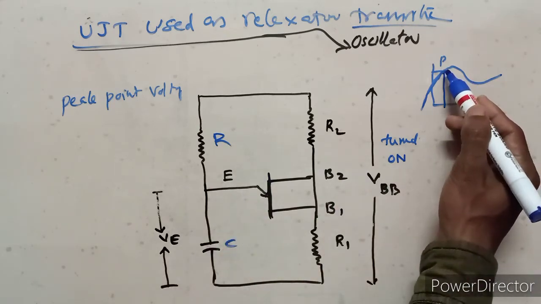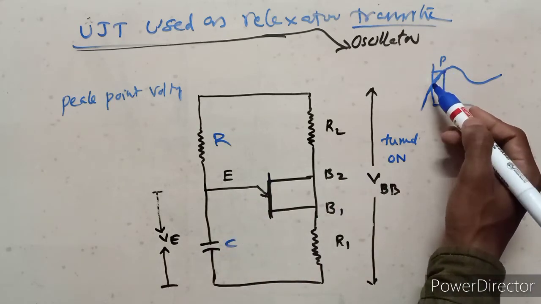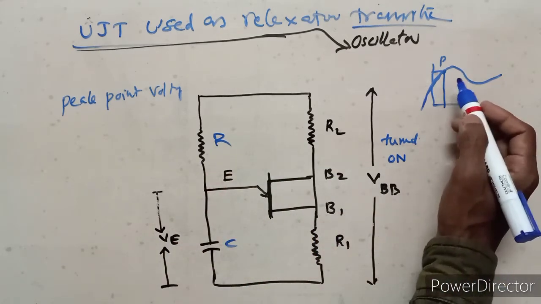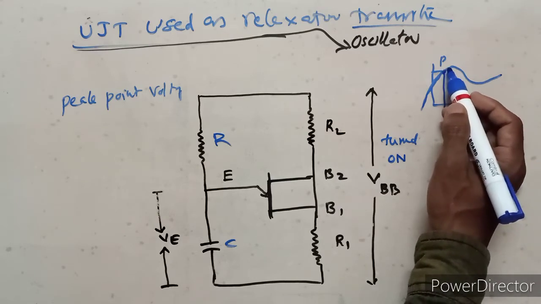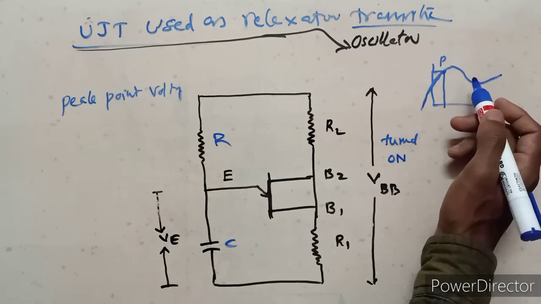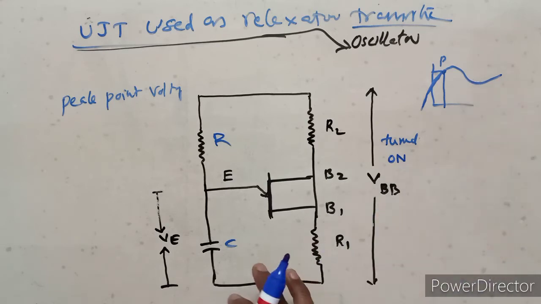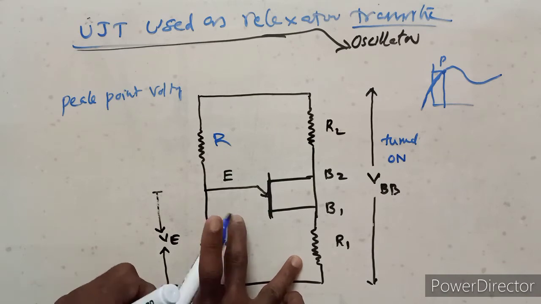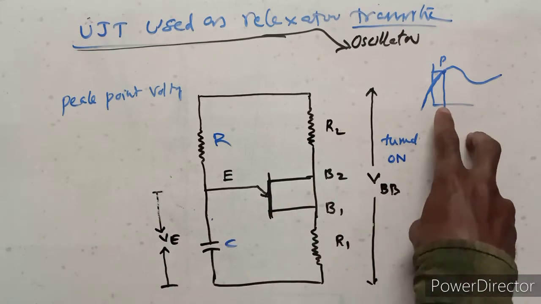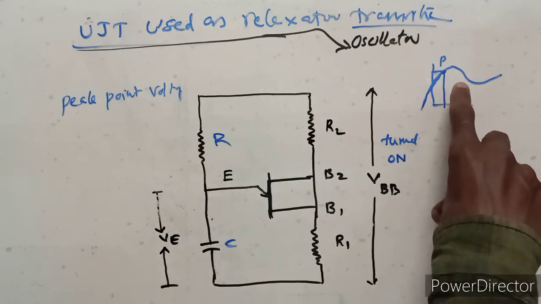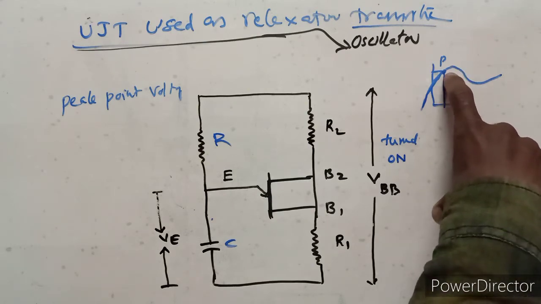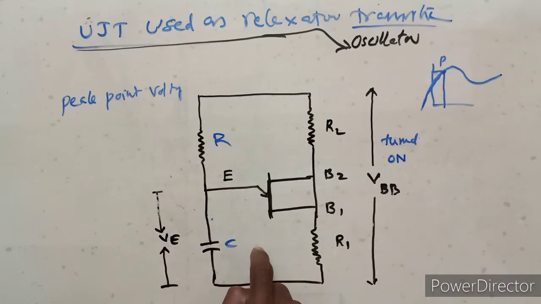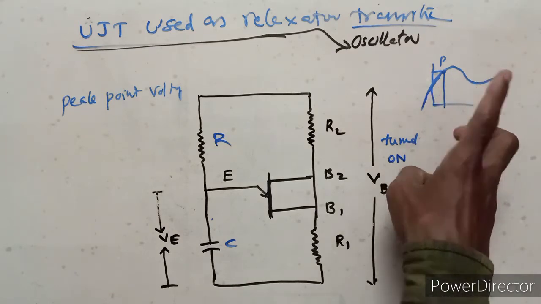When the peak point voltage is reached, at that instant the UJT switches to its low resistance conducting mode, and the capacitor discharges between emitter E and base 1.